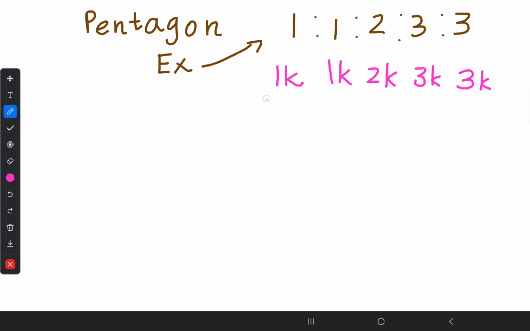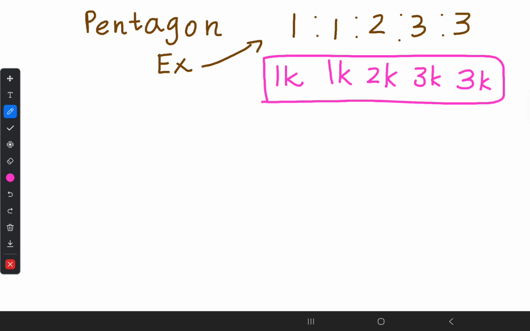Now, these are a pentagon's exterior angles, so the sum of all these angles must equal 360. We know that rule, and that's what we need to apply here. 1k plus 1k is 2k, 2k plus 2k is 4k, 4k plus 3k is 7k, plus 3k is 10k.